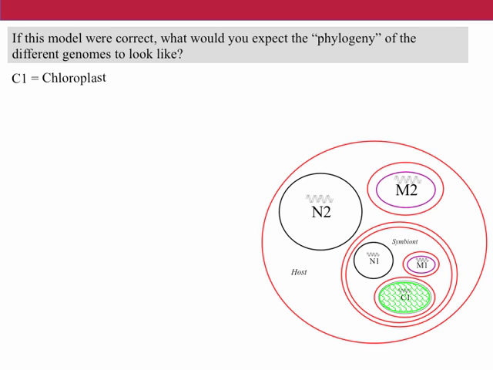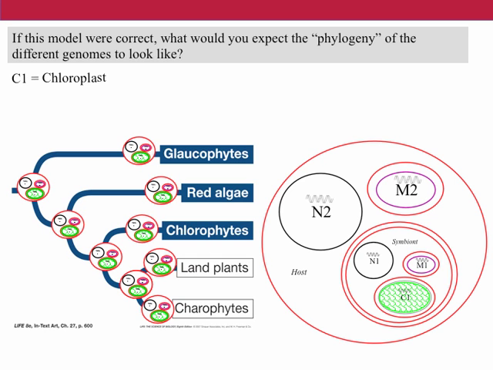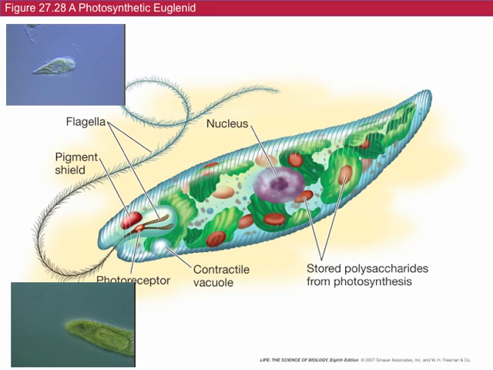So we look at the evolution of the chloroplast to figure out what the symbiont was. And we zoom in on the Plantae lineage and try to figure out where that chloroplast groups in these different parts of the Plantae tree. So let's do an example of this. Here's a euglena, one of the photosynthetic eukaryotes that is not in the Plantae group. They're completely wild and cool.